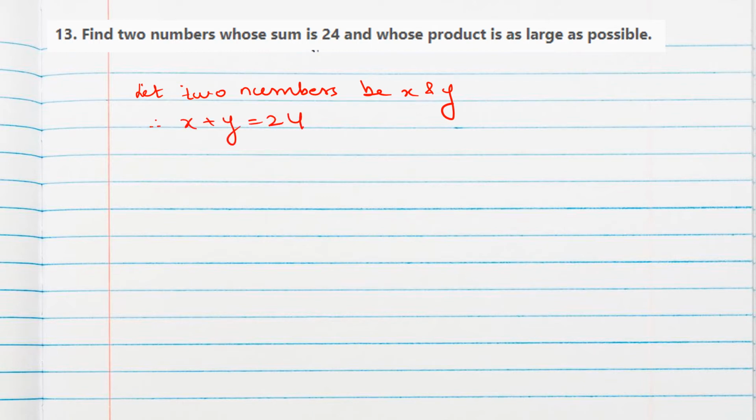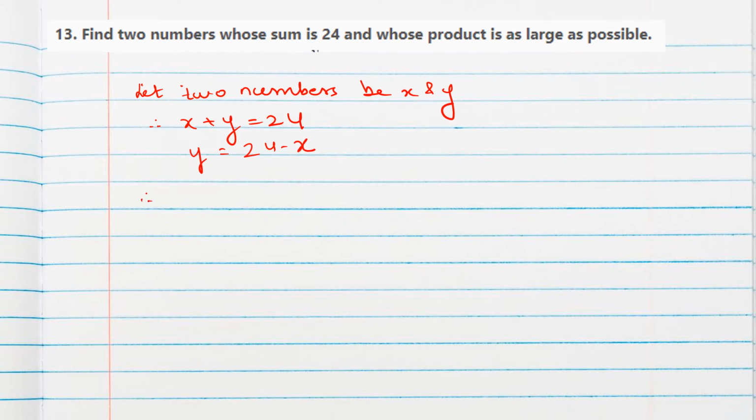Now product is as large as possible means x into y, but we should take a function in one variable only so that we can differentiate with respect to that variable. So you can write y as 24 minus x, or x as 24 minus y. Suppose I write y as 24 minus x.